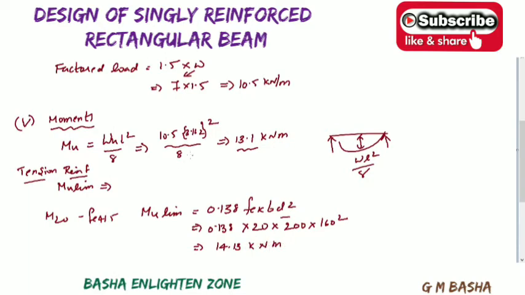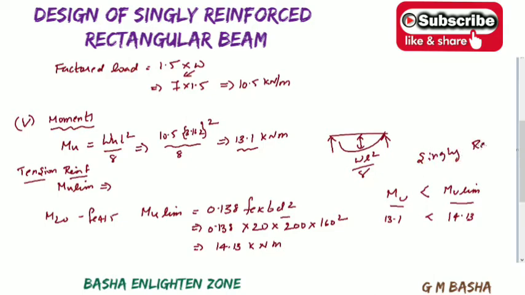So check the condition. Here Mu is 13.1, and Mu limit is 14.13. This value is less than the Mu limit. Therefore your Mu will be less than Mu limit.